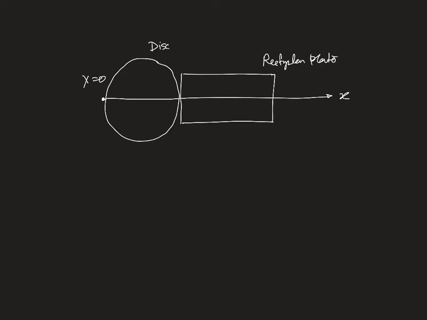Then you have to know the mass of the disc m1 and the mass of the rectangular plate m2. Now for this whole disc, just for calculating the center of mass, forget about the disc and replace it by a point mass at the center of mass. Similarly for this rectangle, forget about the rectangle and consider a point mass m2.